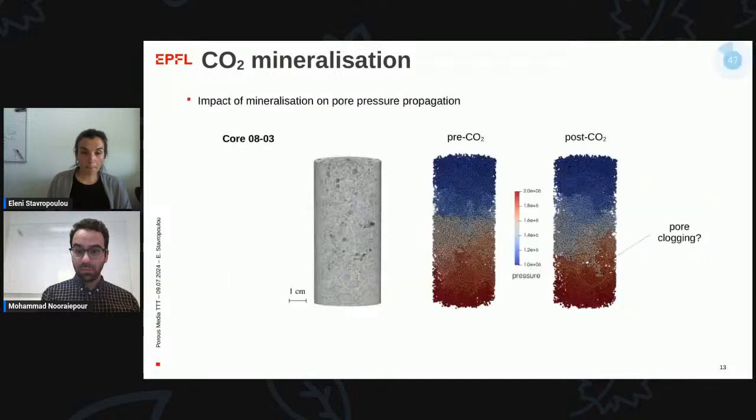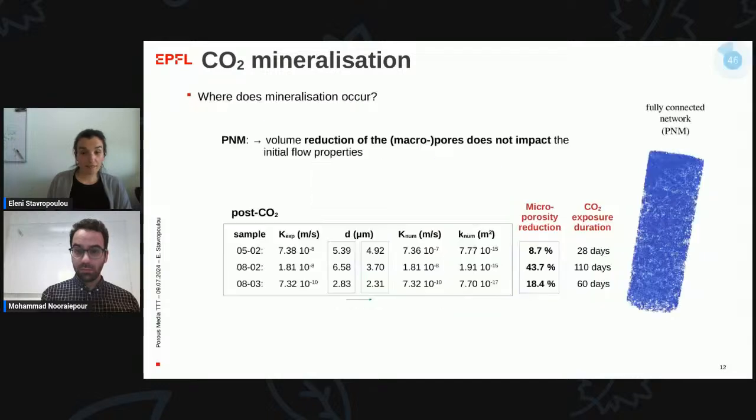Okay, this is good. This is a first hint of where mineralization is more prone to occur. We show here that indeed it's not the big pores that impact flow, it's rather the small pores.